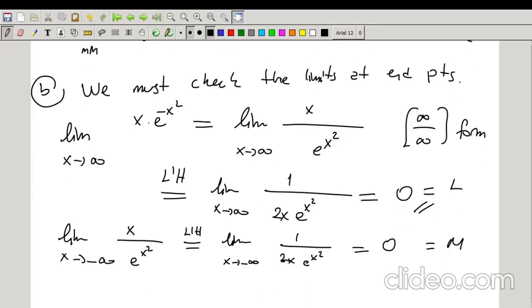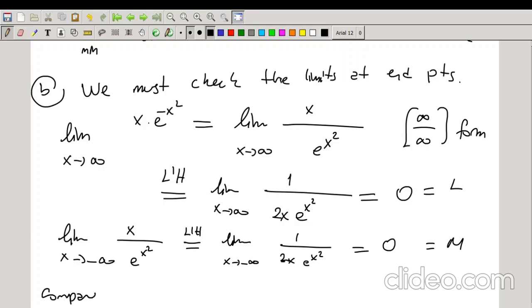Now remember, both L and M numbers are equal to 0, from the left and right side of the given open interval. So now I'm checking if there is any number between L and M such that we have a number greater than 0.